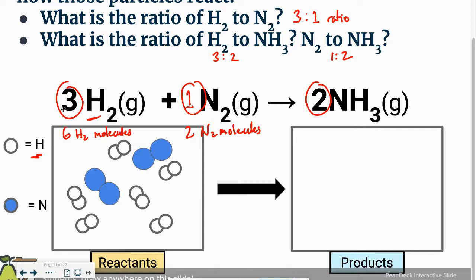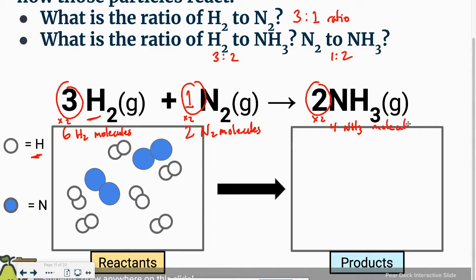Okay, so you can look at what we multiplied this recipe by. Oh, it looks like I multiplied by 2 to get it, so I should multiply this by 2 to figure out how much I need in the products. Okay, so 2 times 2 gives me 4 NH3 molecules.